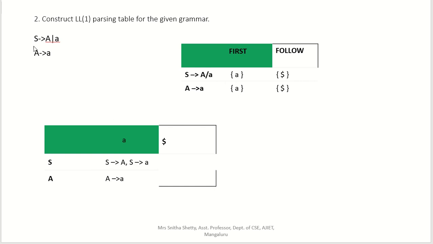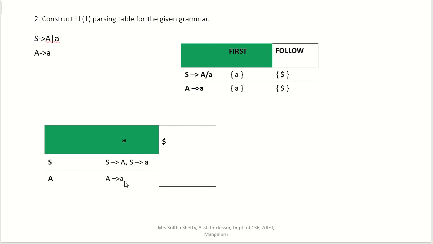Now look at one more production, S gives small letter a. When S gives small letter a, obviously you should place the production under a. Now see here, your two productions are coming in the same place: S gives capital A and S gives small letter a. Then is this a feasible grammar, is this an LL grammar? No, this is not an LL1 grammar.